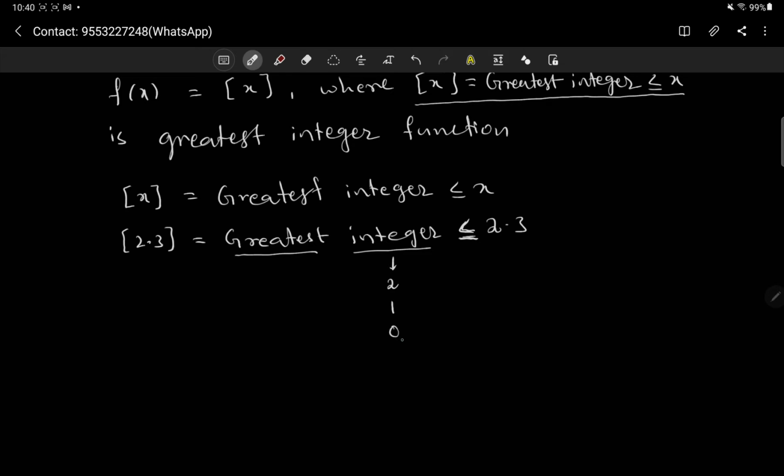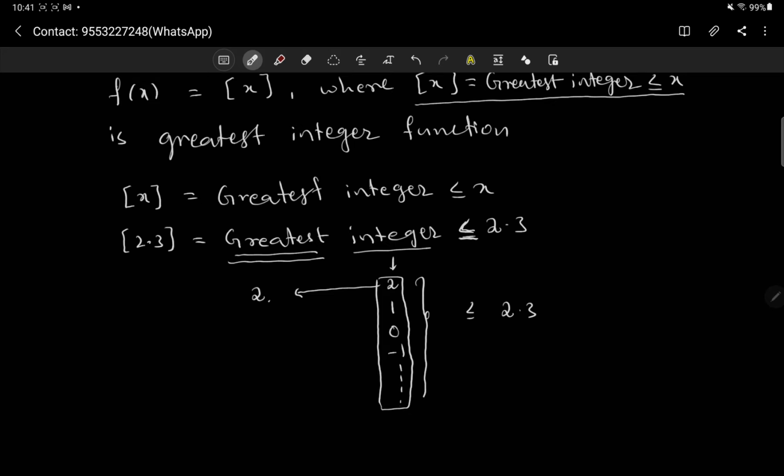Next 0 can be taken, -1 can be taken, and so on. These are all the integers less than or equal to 2.3, correct? Of all those, we need to take the greatest one. So 2 will be the greatest one.